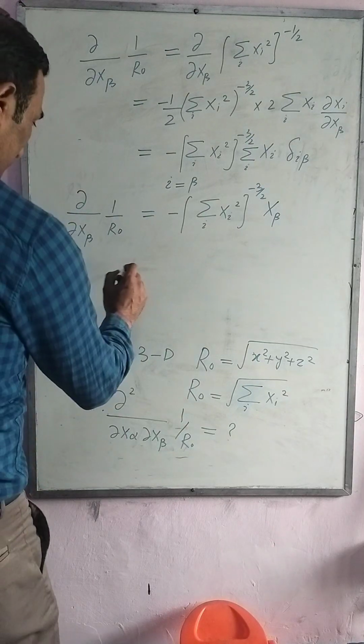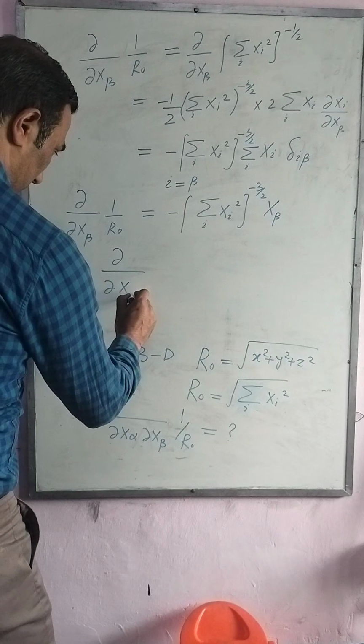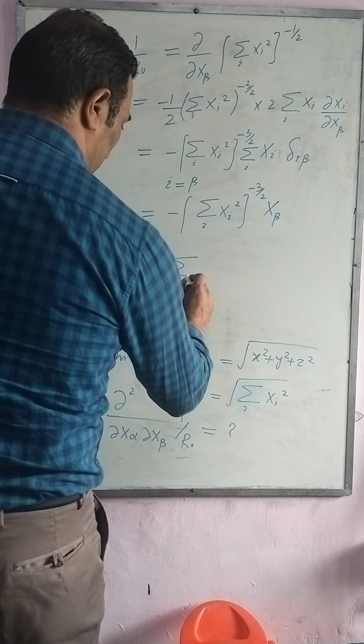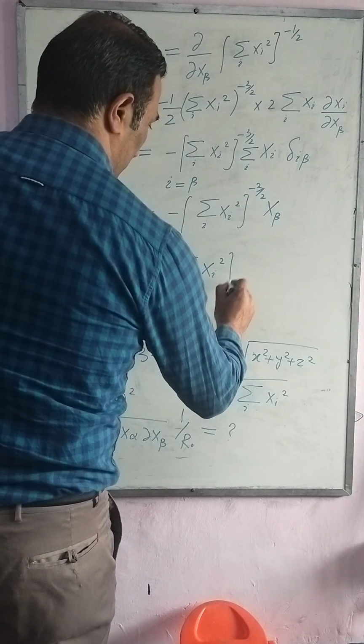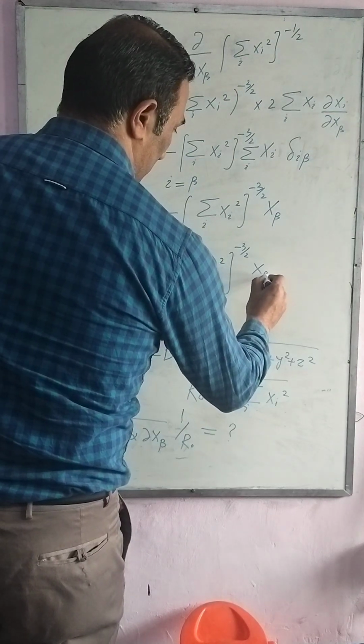So if I write this, this will be partial by partial x alpha, inside will be minus. Okay.